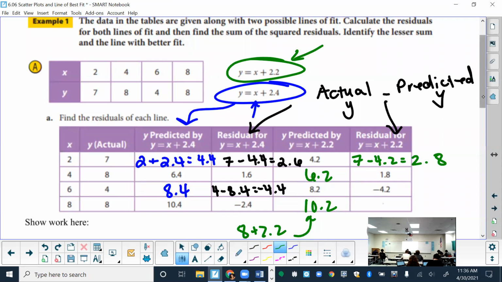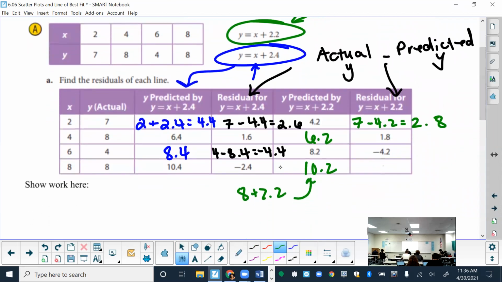All right. So the residual for that value, the actual minus predicted, what is the residual for that one? Negative 2.2. Questions about that? All right, and then the work for this box, we have our actual value, which was 8, minus our predicted, which was 10.2. That's how we get negative 2.2.